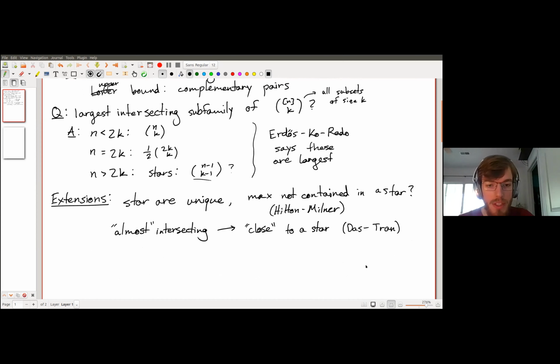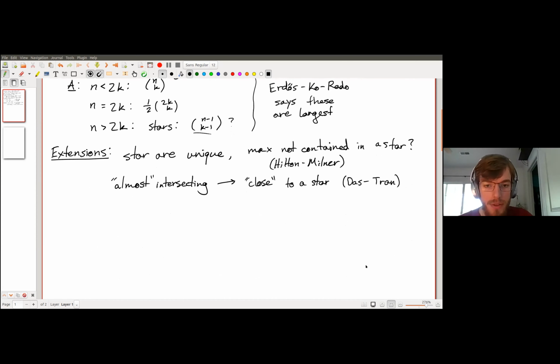Okay, so this last one I think is particularly interesting because it's commenting on the robustness of Erdős–Ko–Rado. So that's going to be our next leading question: how robust is Erdős–Ko–Rado, which I'll abbreviate EKR?